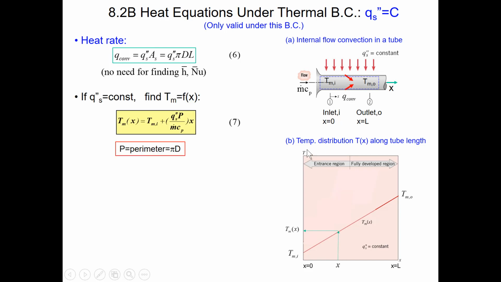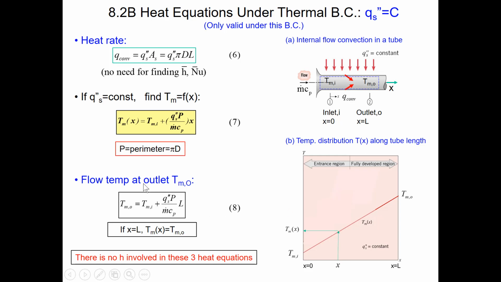This is the diagram that shows how the flow temperature changes over the tube length, with temperature T in the vertical axis, location x in the horizontal axis. As indicated in equation 7, flow temperature Tmx is changing linearly with the location x over the tube length.